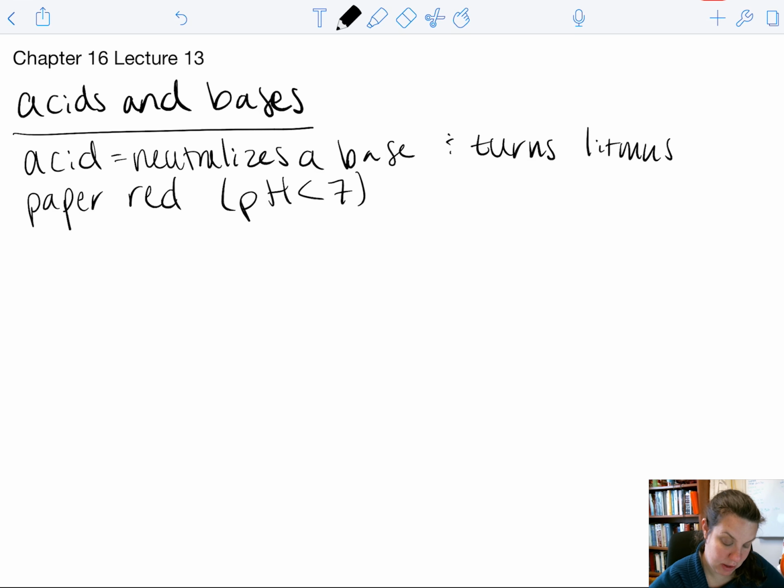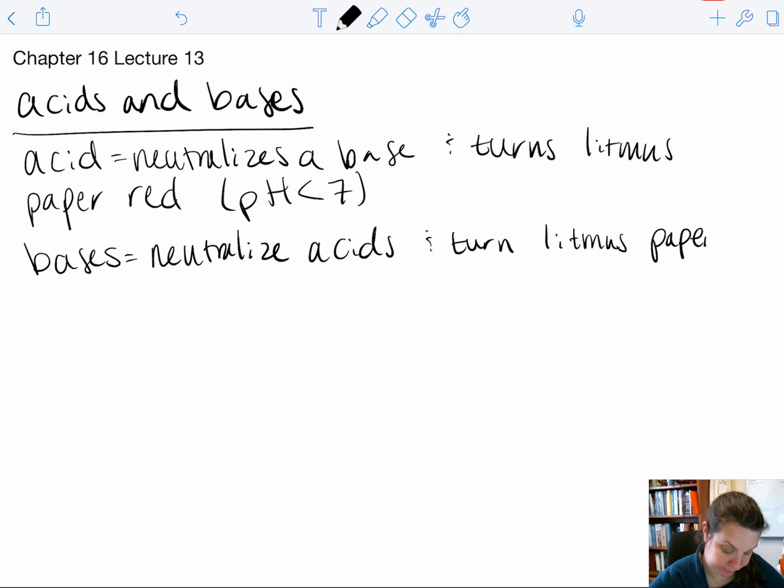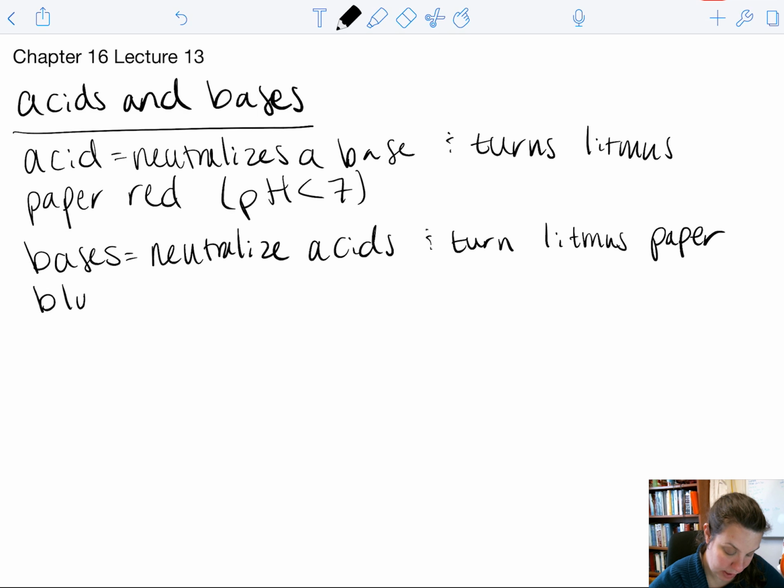Okay. Bases neutralize acids, and they turn litmus paper blue. And these are going to have pHs greater than 7.